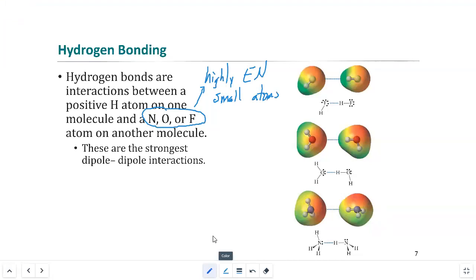If you look on that electronegativity scale, you'll find that those three elements have the highest electronegativity values. They also happen to be the three smallest atoms as well.